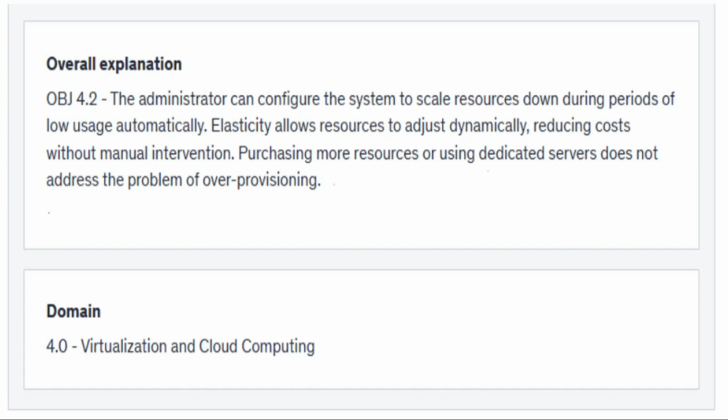Elasticity allows resources to adjust dynamically, reducing costs without manual intervention. Purchasing more resources or using dedicated servers does not address the problem of over-provisioning. And this question belongs to the virtualization and cloud computing domain. So let's move to the next question.